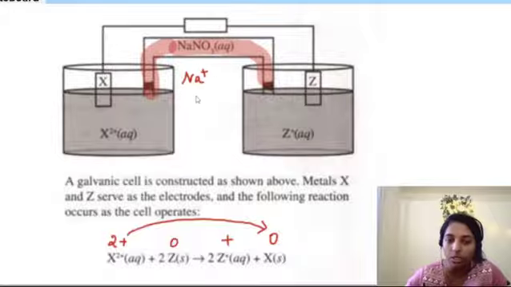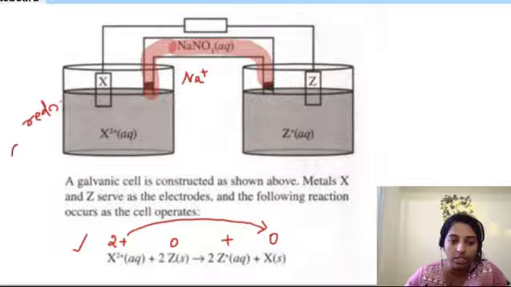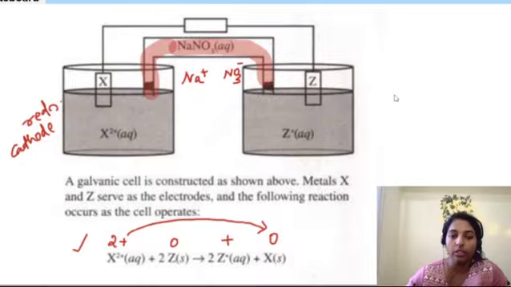A positively charged species is called a cation. Cations go to the cathode. Cathode means the reduction compartment. Here we already saw that X2+ underwent reduction. So this is the reduction compartment, this is our cathode. So cations go to the cathode: Na+ goes to the cathode X, and NO3- goes to the anode. Anode means the oxidation compartment.